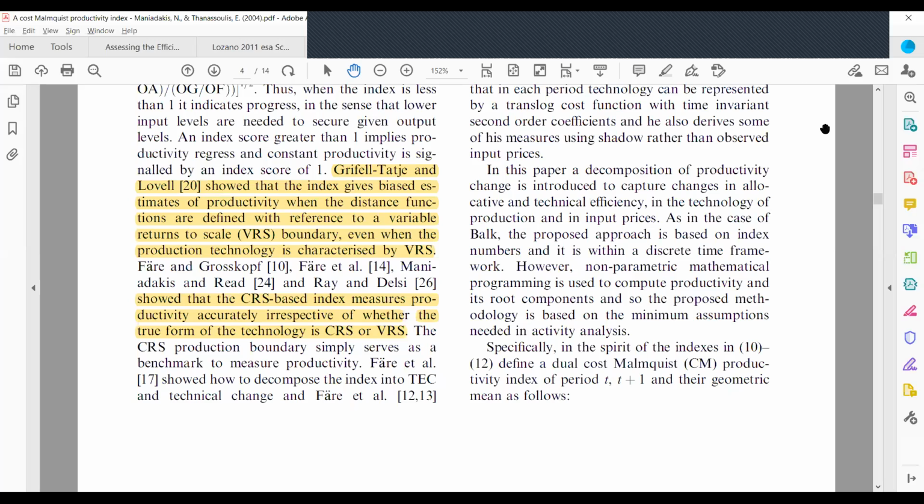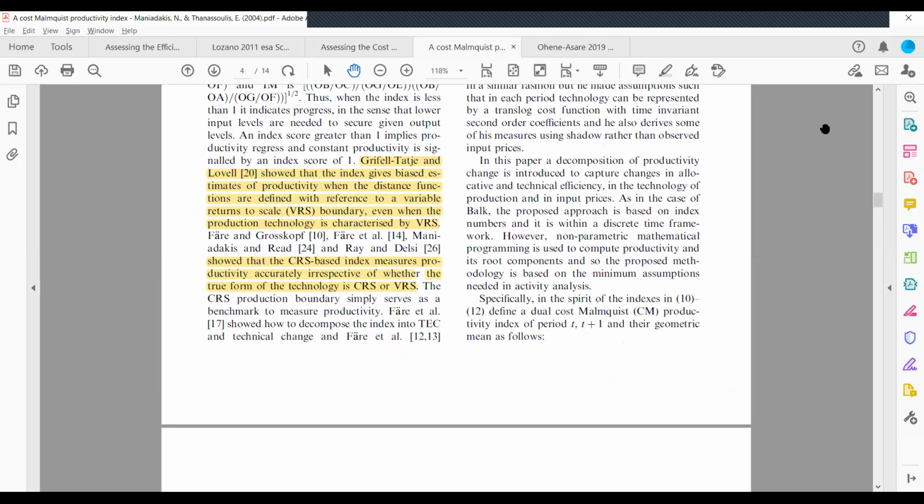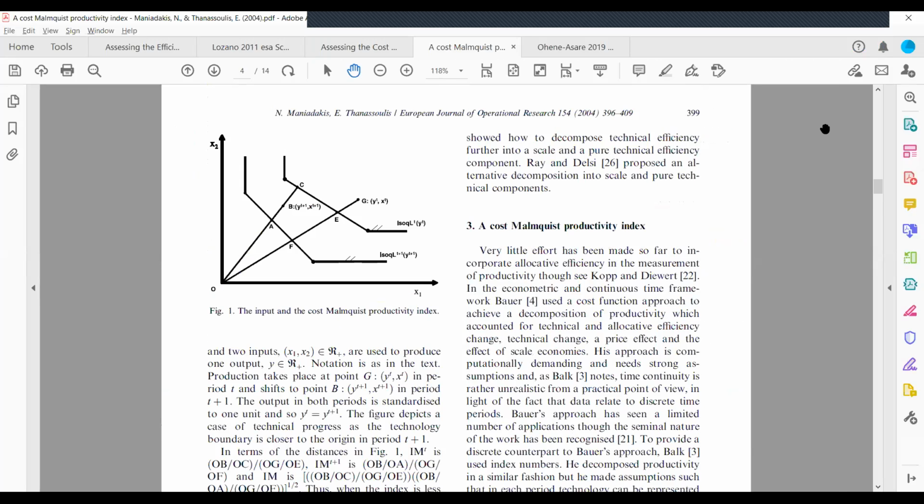Guys, do you understand his question? Or you are just listening? Yeah. Explain. From what I understood, she was asking whether we should estimate it using the VRS or the CRS.